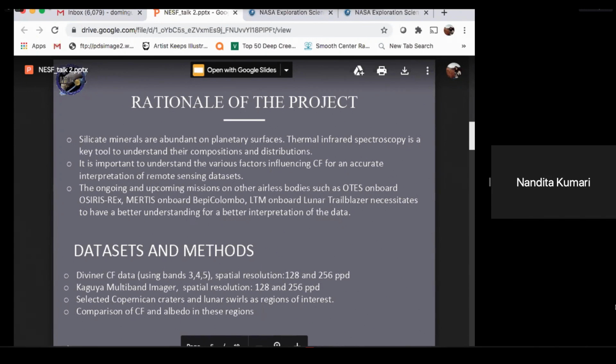It will be useful not only for our current data sets, but also for upcoming data sets and ongoing missions, such as OSIRIS-REx, BepiColombo, and Lunar Trailblazer. In data sets, I've used Diviner's CF data, bands 3, 4, and 5, and the Kaguya Multiband Imager. I'll be going through the methods in detail in a few minutes.